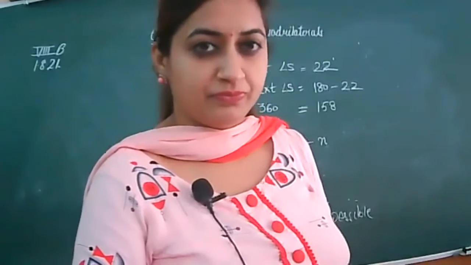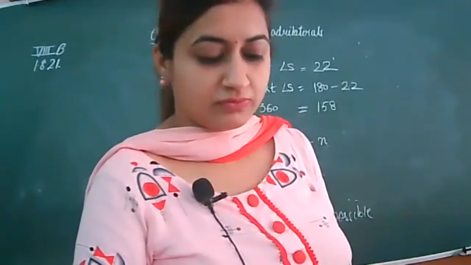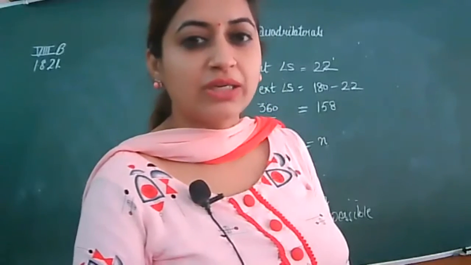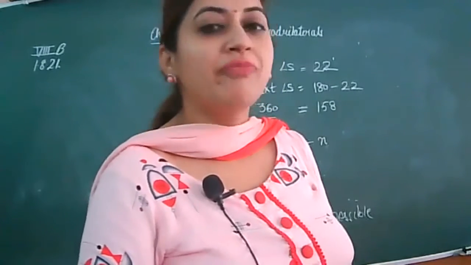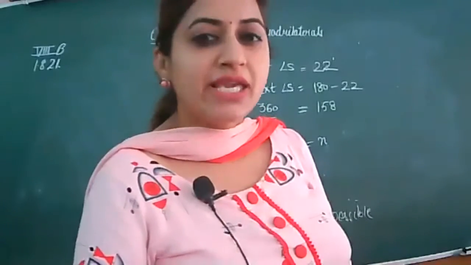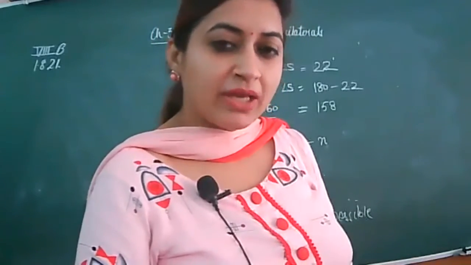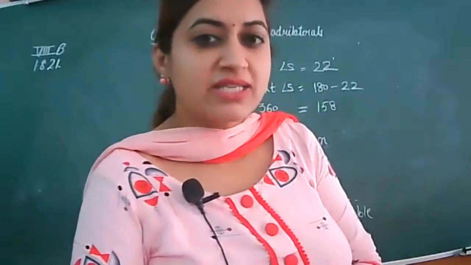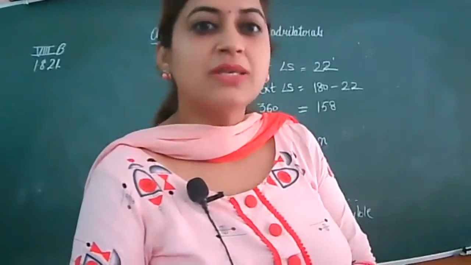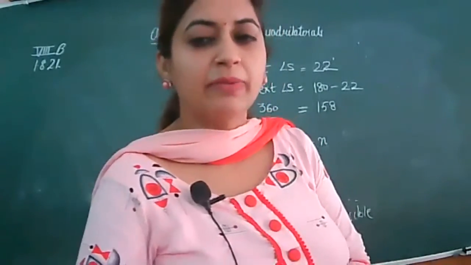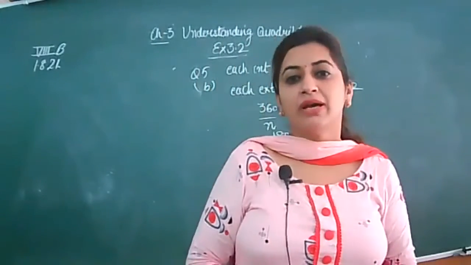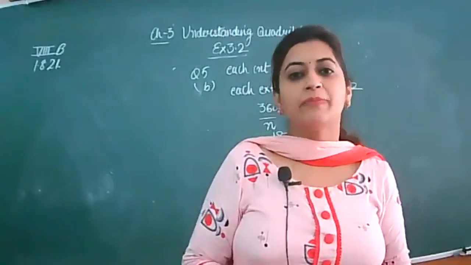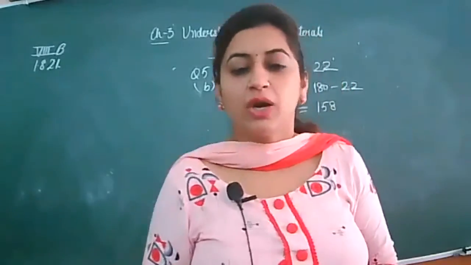Ma'am, equilateral triangle. Yes, a regular polygon of 3 sides, that is the equilateral triangle, is the polygon with the minimum number of sides and its each interior angle is 60. If each interior angle is 60, then obviously its exterior angle will be maximum. Because if the interior angle is the smallest, it will give you the maximum exterior angle value. So interior angle will be 60 and exterior angle will be 120 degrees.